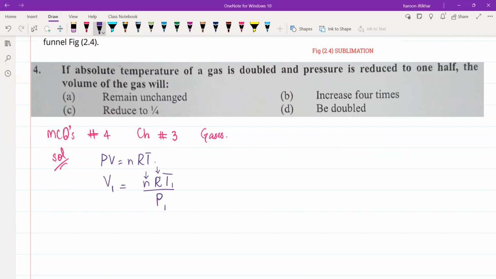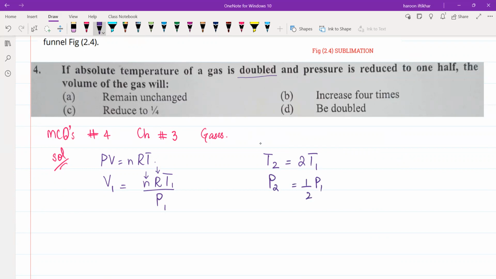T1 and P1 are actually going to change. So they are saying that if the absolute temperature of the gas is doubled, it means T2, the final temperature, will be double the initial temperature. And the pressure is reduced to one half. So if we want to know P2, we'll halve P1.